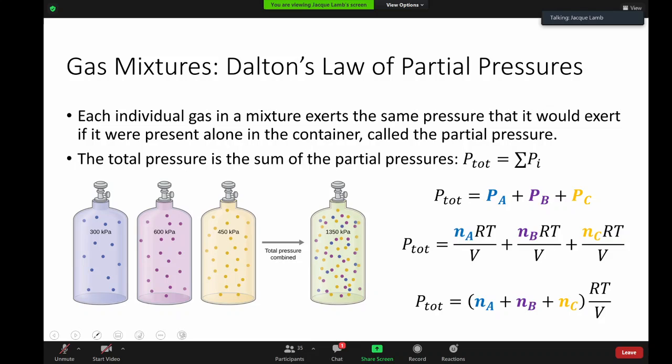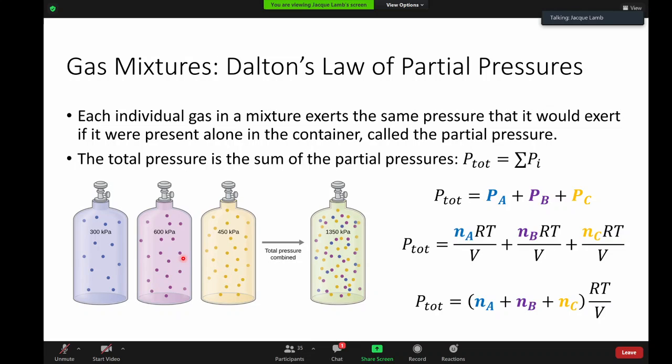just as it would if it were in a container by itself. So if we look at three particular gases here, our blue gas is exerting a pressure of 300 kilopascals. The pink one is 600 kilopascals and the yellow one is 450 kilopascals.